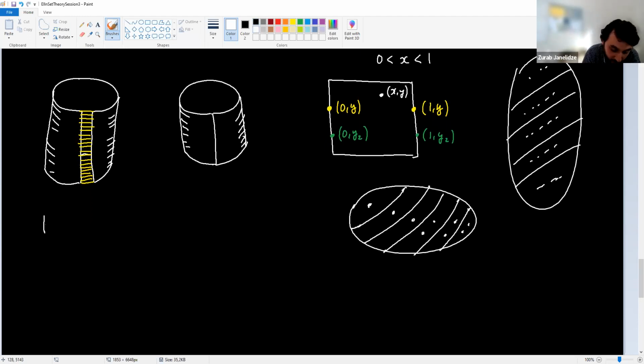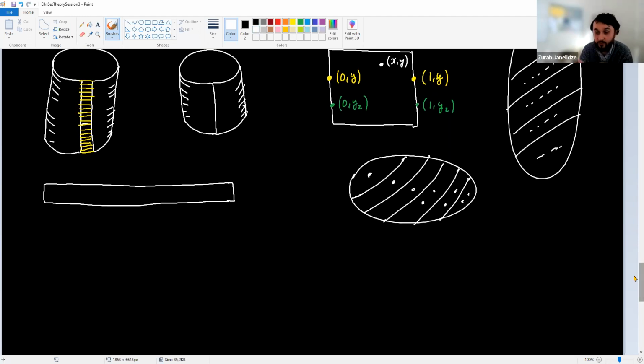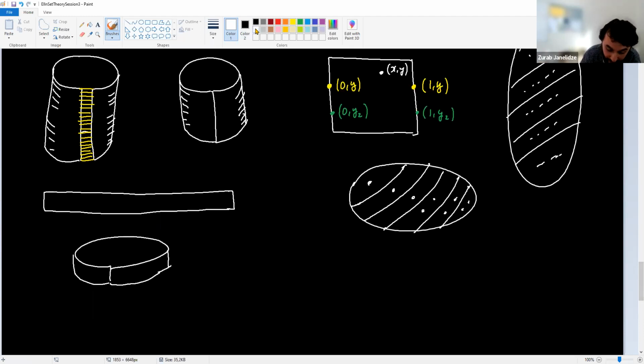And another nice example is to fold the strip. So if we have a strip of paper that is not necessarily square, and we do what we just did to get a cylinder, we get a band like this. But we might want to group things in a slightly different way, namely we can twist it.